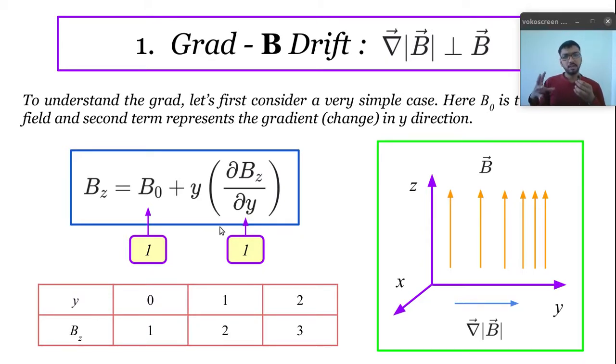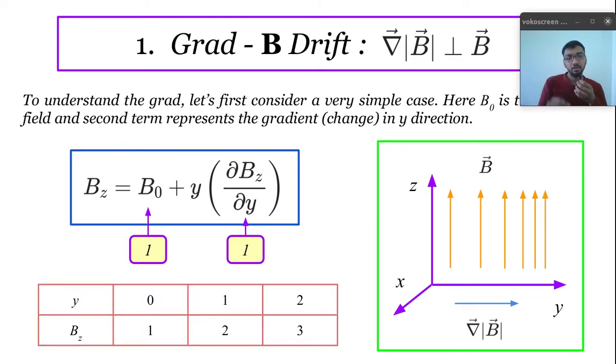To understand it, focus on this image. At the origin we have some value, it is constant. If we put y equal to 0 here, then Bz is equal to B0. So we have a constant value at the origin, but as we move along the y direction, we find the value of Bz increases.